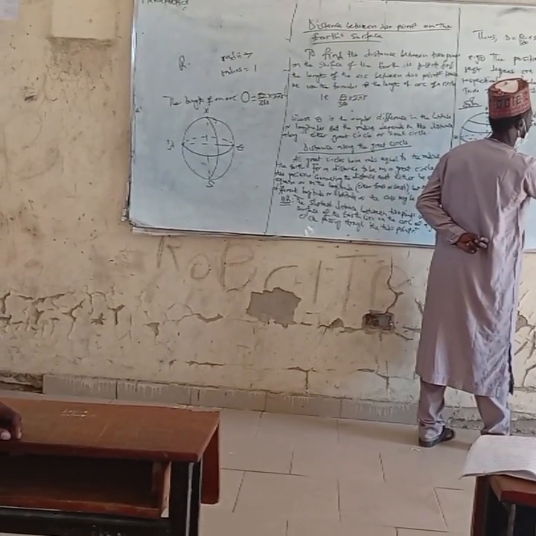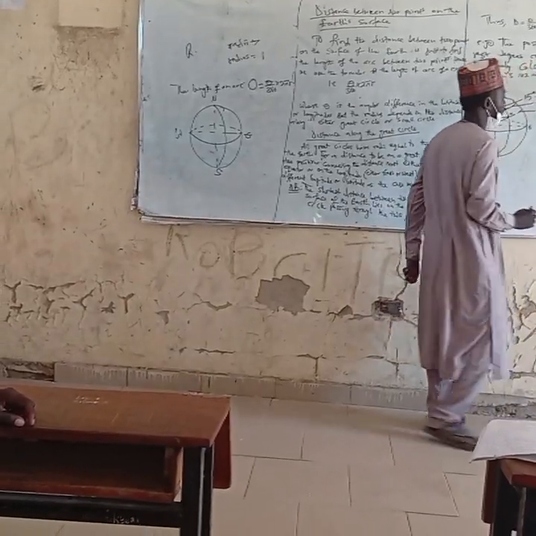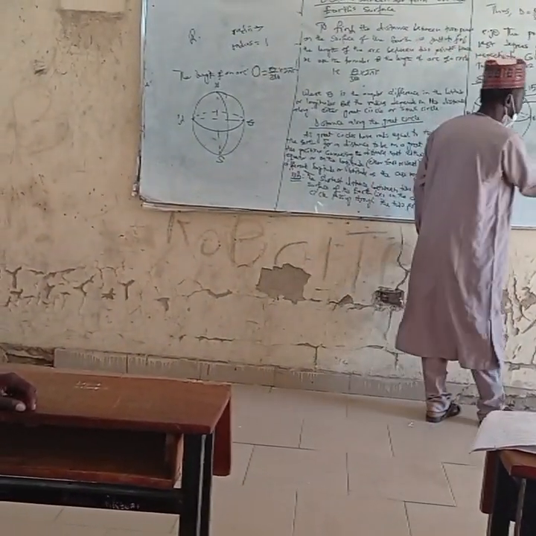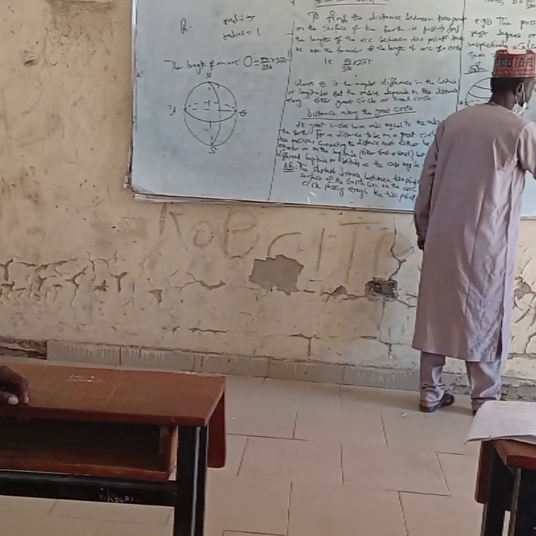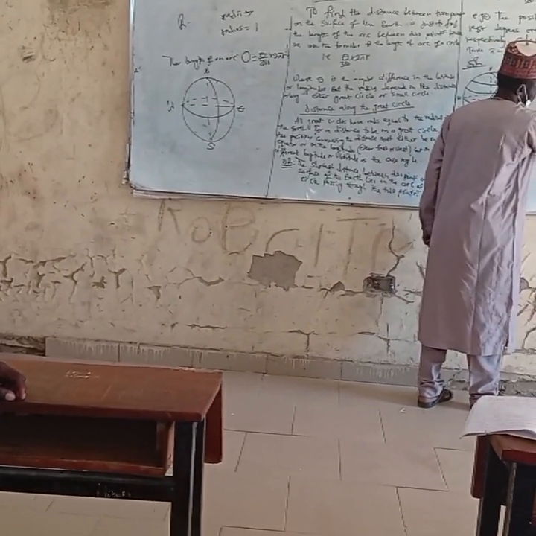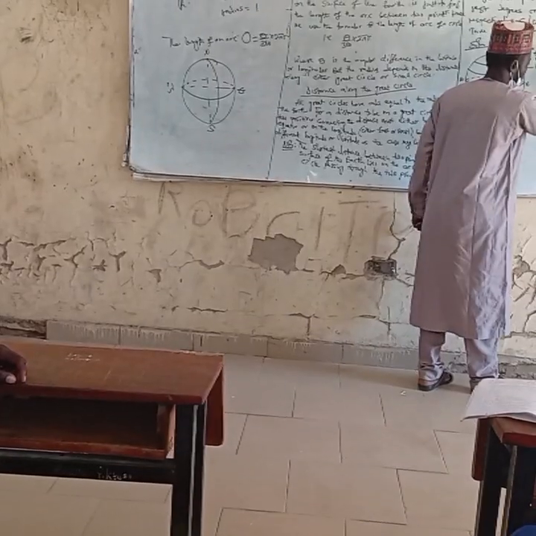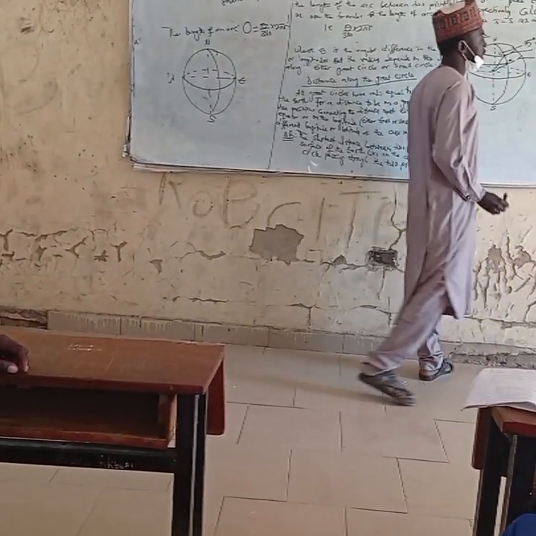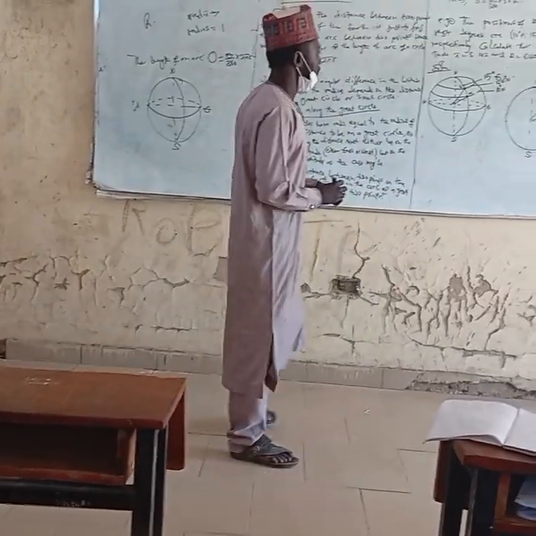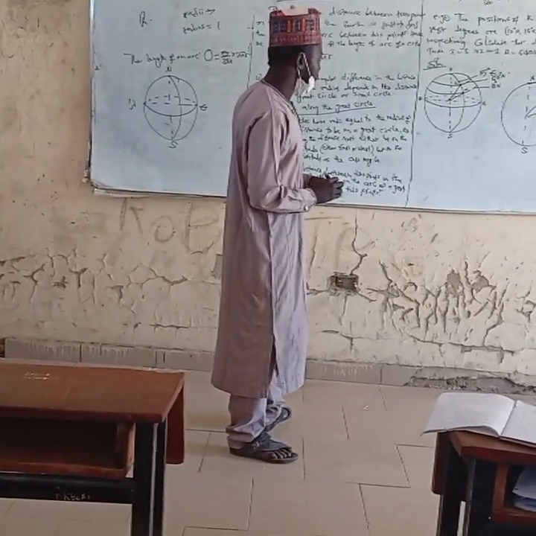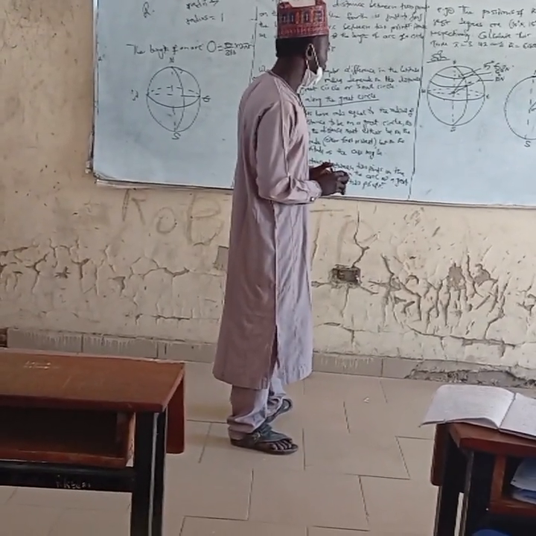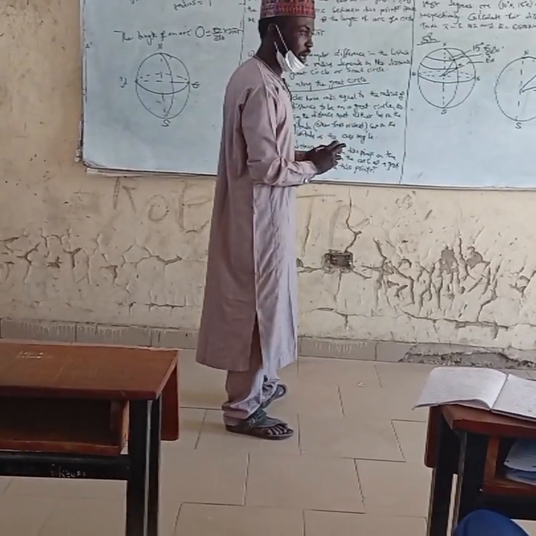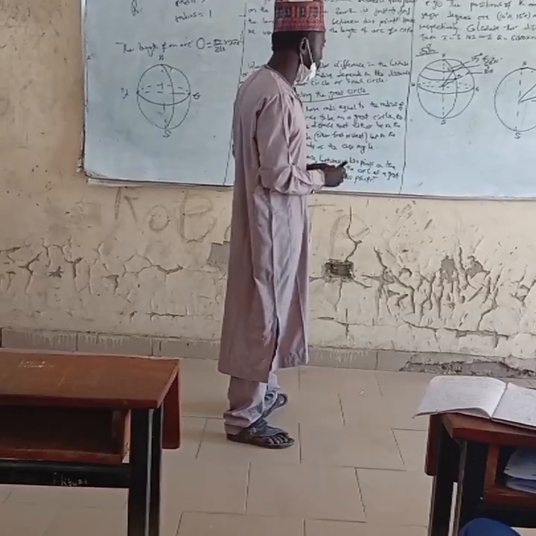Here is K, and next is L, 50 degrees. Here is said to be L. Now look at it carefully. Observe one thing: all of them lie on the northern part.